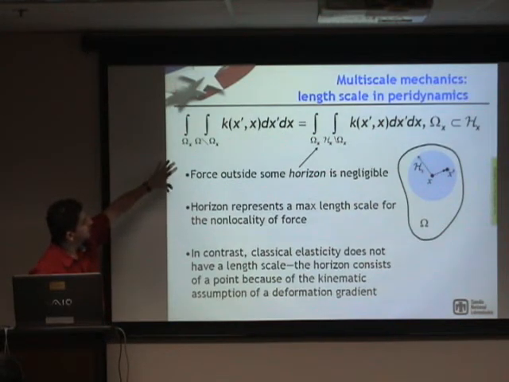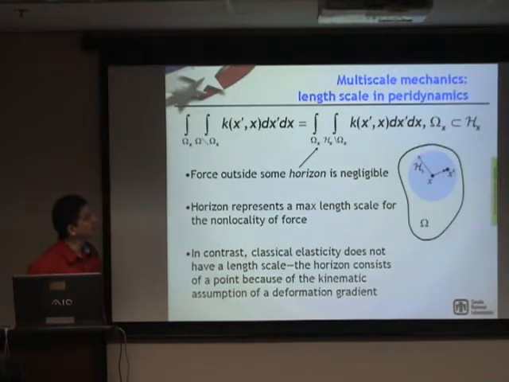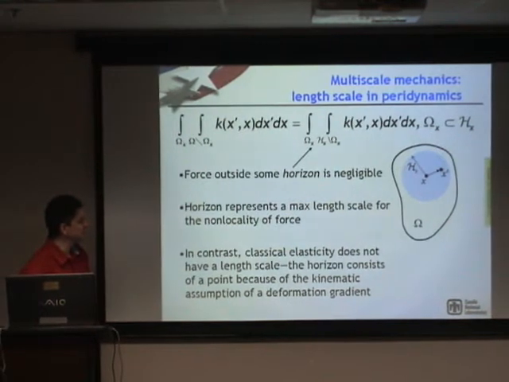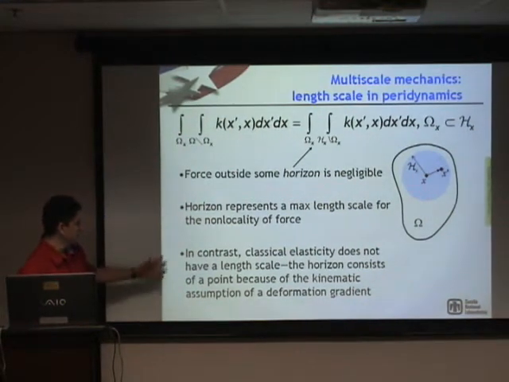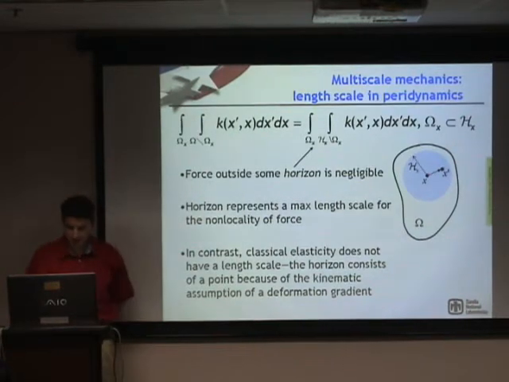But typically you find that the forces don't extend infinitely far, that there's a horizon, so the force interaction is zero outside of some sphere, let's say H sub x. That represents a maximum length scale for the non-locality of the force. In contrast, the classical theory, because it relies on the deformation gradient, doesn't have a length scale. The horizon consists of a point because of the kinematic assumption of the deformation gradient.